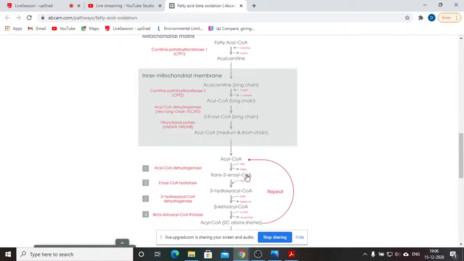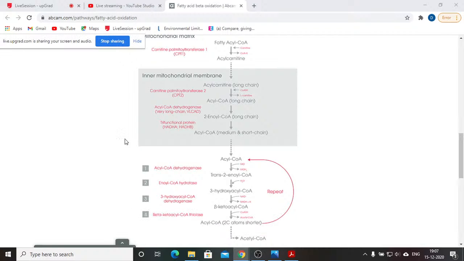Again in this step, a water molecule is needed, and enoyl CoA hydratase converts it to 3-hydroxy acyl CoA. You could refer to my last class to revise once more. And then from the next step there is an NADH molecule produced, and a CoASH group comes over, and this is an acyl CoA which is 2 carbons shorter.